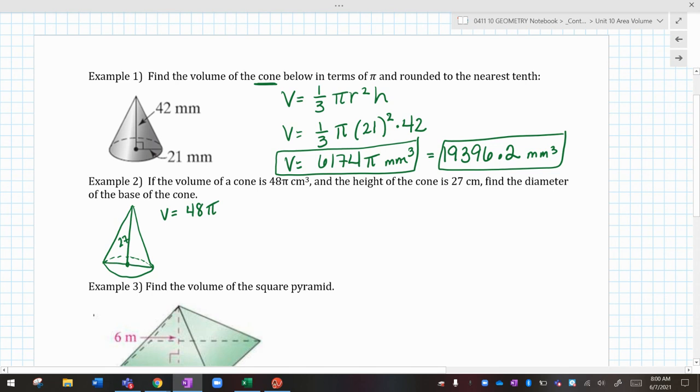They want me to find the diameter. Well, the volume of a cone is 1/3 pi r squared h. Well, let's see. Volume, I know what the volume is, so let's erase that v and write 48 pi. 1/3 pi. Do I know the radius? Nope, don't know that, so I'm going to leave that as an r. And I know the height is 27.